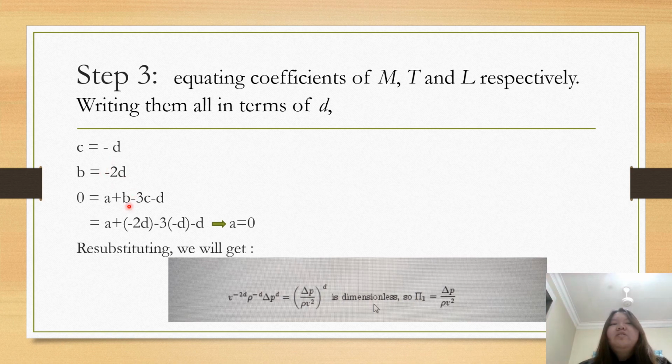So when we insert into this equation, we get A equal to 0, and we resubstitute into the formula that we formed just now. So this is the formula we get, and this is dimensionless, and the pi 1 we get is pressure drop over density times the velocity square.